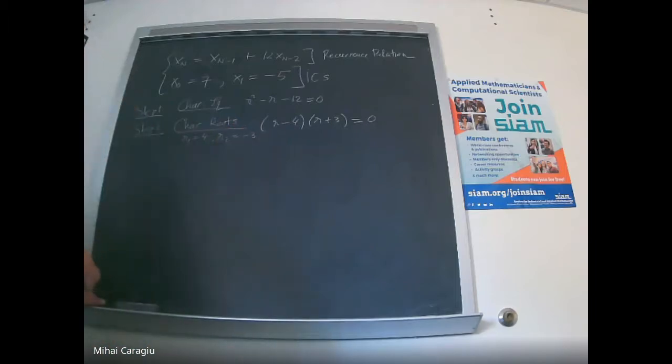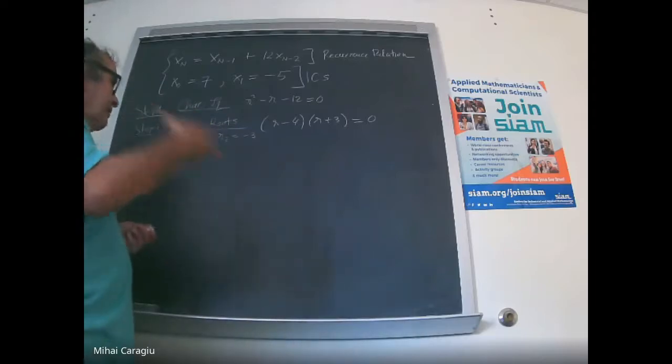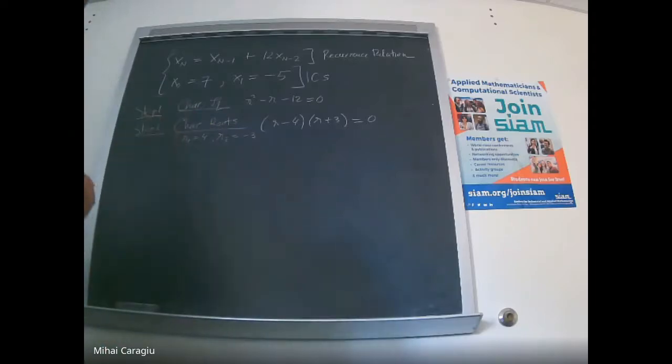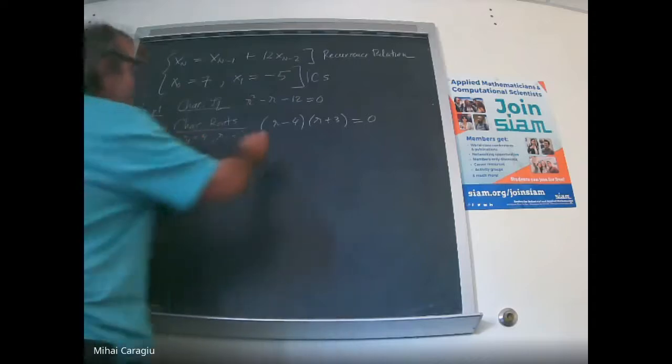And this moment is an important moment, it's kind of a fork in the road. If the characteristic roots are distinct, we do something in the next step. If the characteristic roots are repeated, we do different things. So in this case, the characteristic roots are distinct.